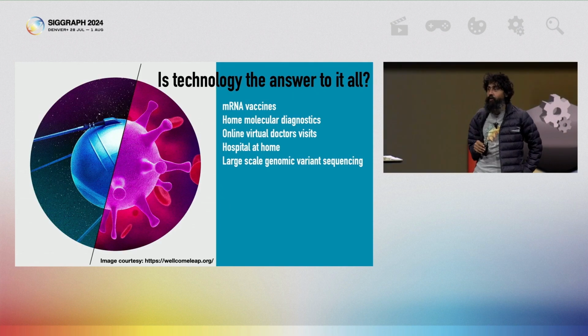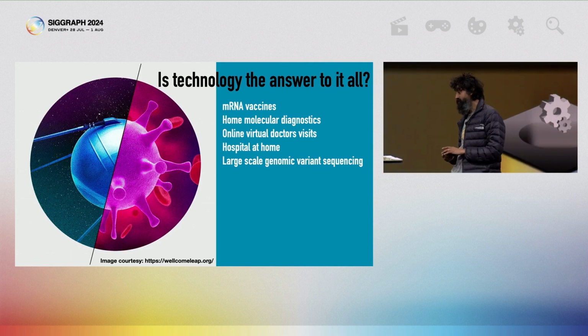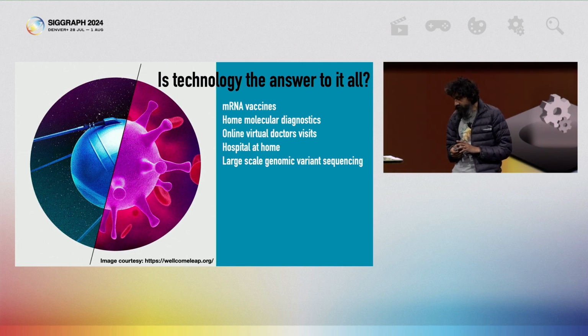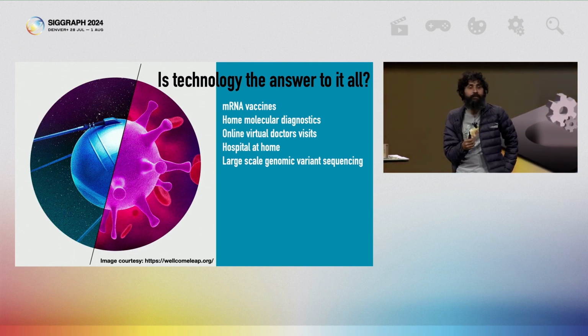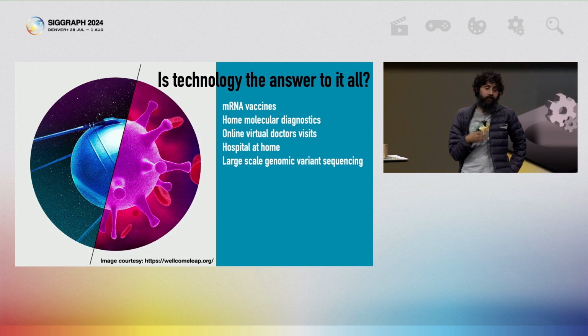Now, as technologists, you could all argue, is technology the answer to all of this? And what I'm here to tell you is, without the human element, without our efforts to make sure that this technology is in the hands of people around the world, it's a lost cause. And the best way to think about this is actually healthcare itself.